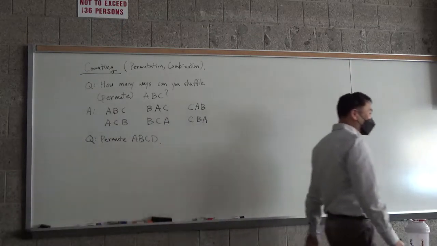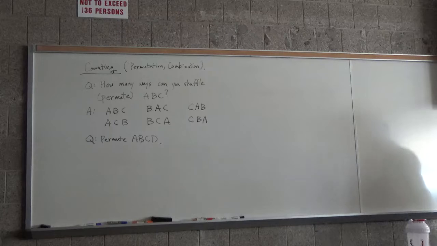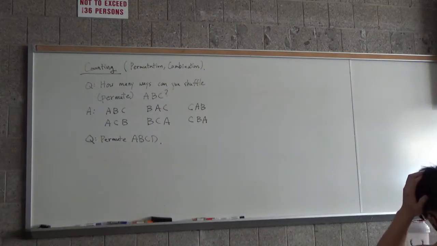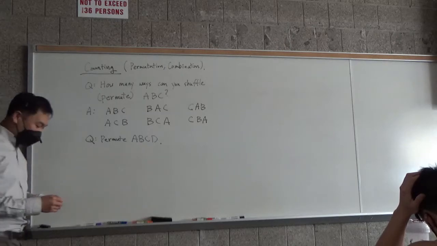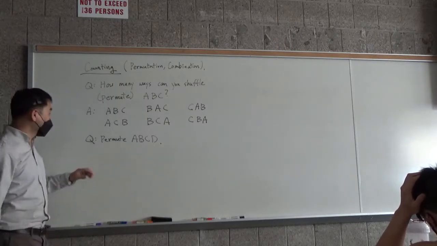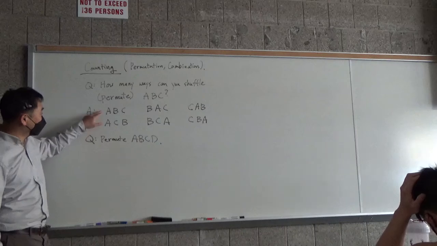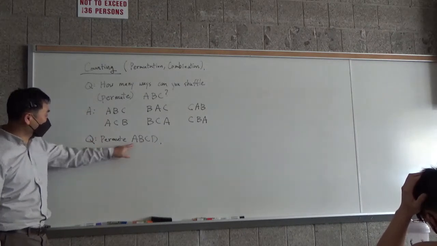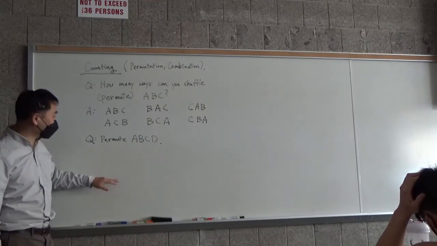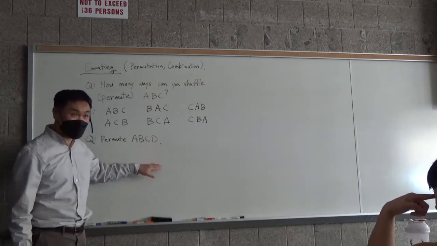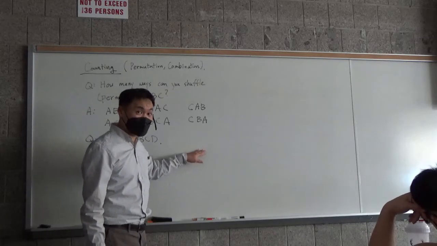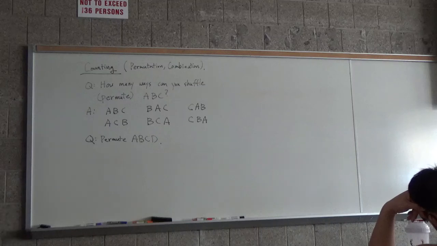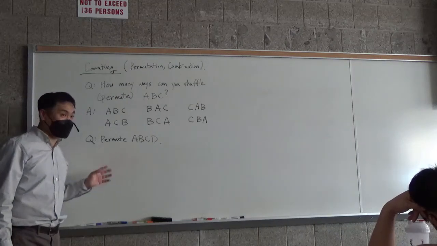See if you can write all possible permutations of A, B, C, D. One thing I want you to do is write down the ones that start with A, then the ones that start with B, the ones that start with C, and the ones that start with D. By doing it that way, you can compare how many you wrote.